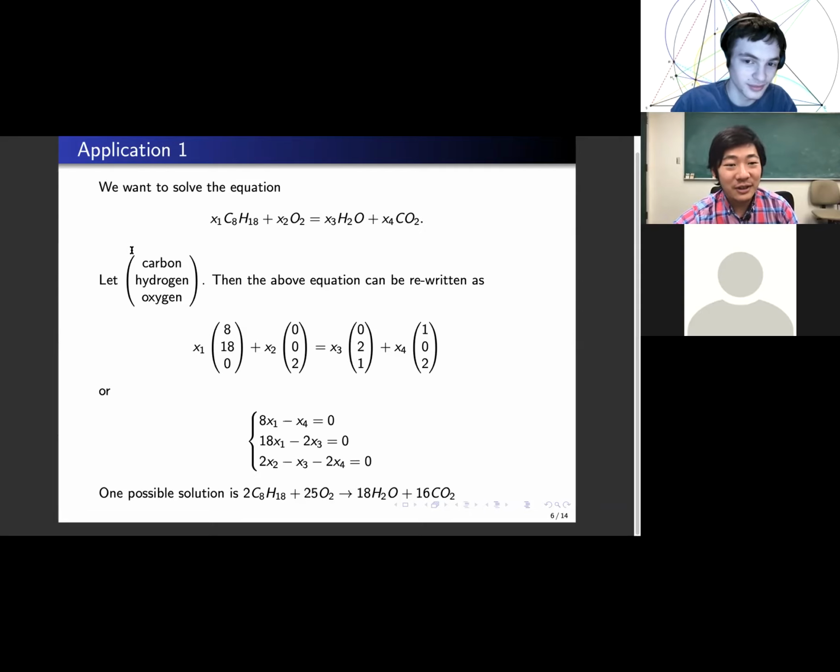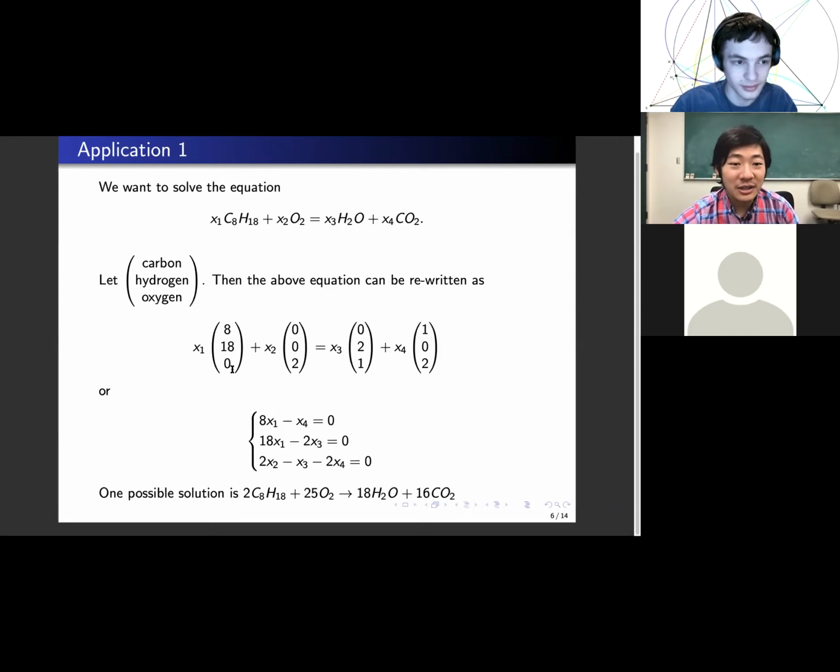You would first consider a vector. Let's organize our data. We have carbon, hydrogen, and oxygen. This thing called a vector represents how many molecules of each of these elements there are in, let's say, octane.